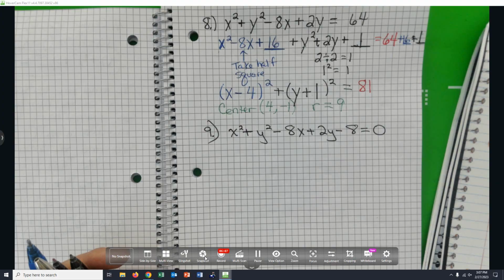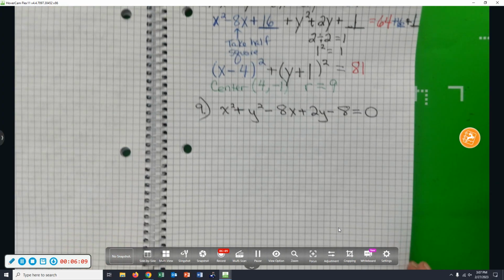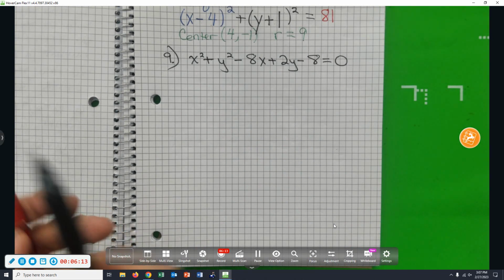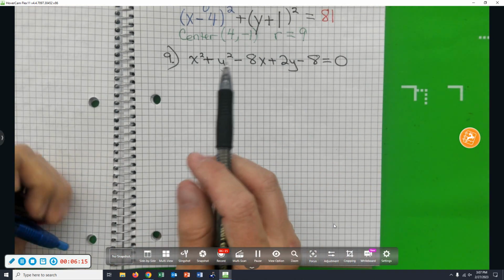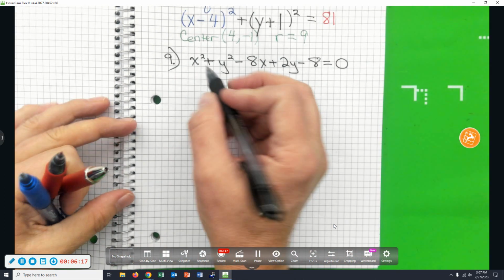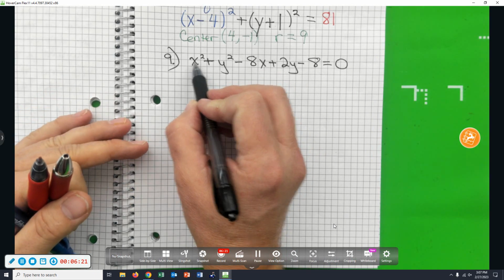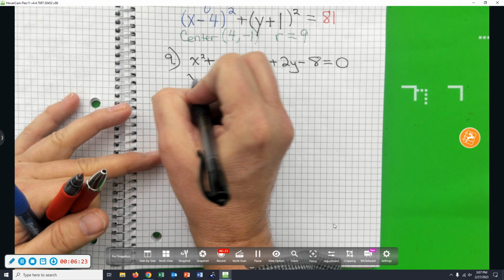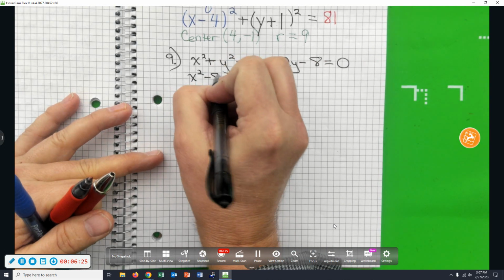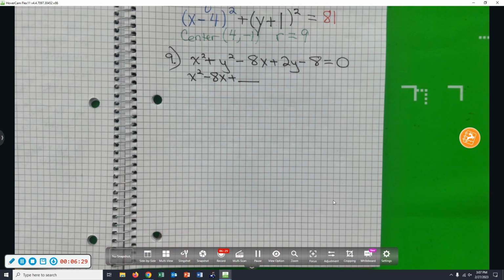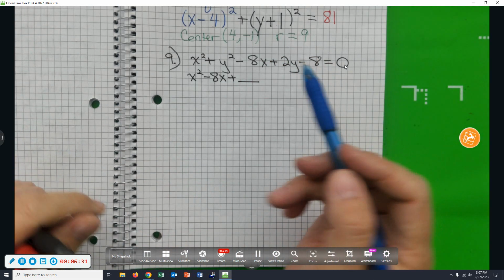Okay. We'll start off by grouping the x terms together. X squared minus 8x plus a blank. And now let's group the y terms together.